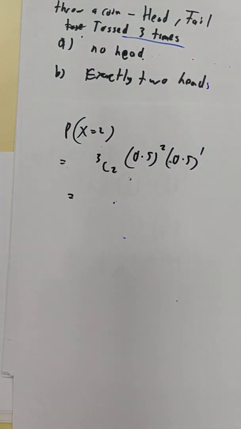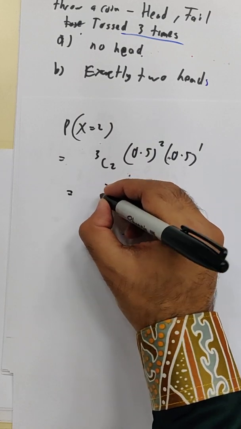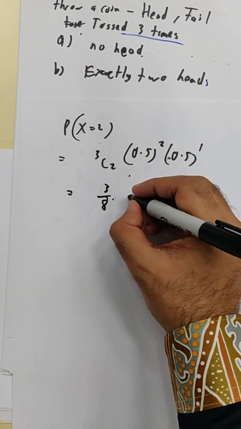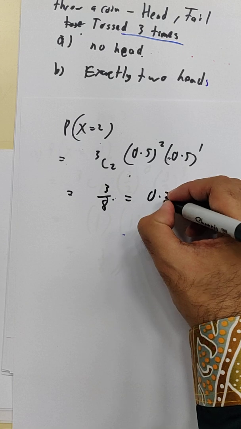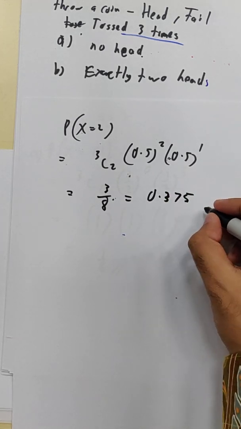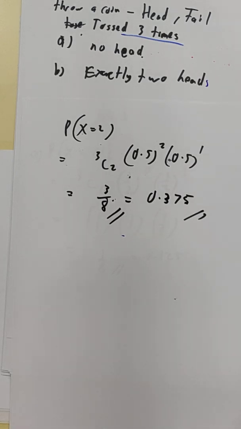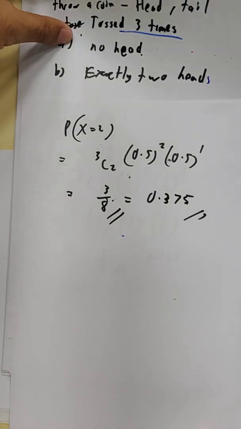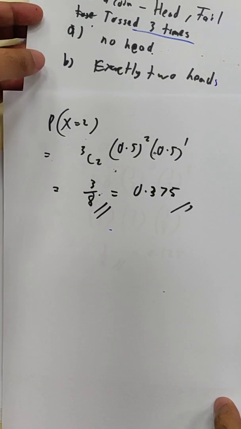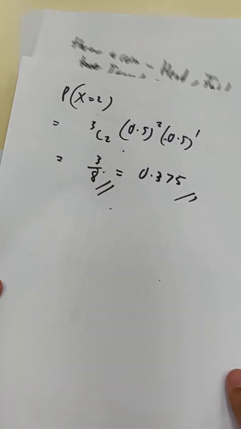What do you get? 3/8, if I'm not mistaken, or 0.375. Both of them are okay. Easy peasy? Easy peasy. Can we continue? Very easy.